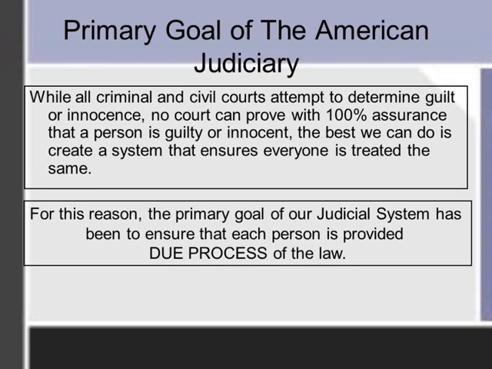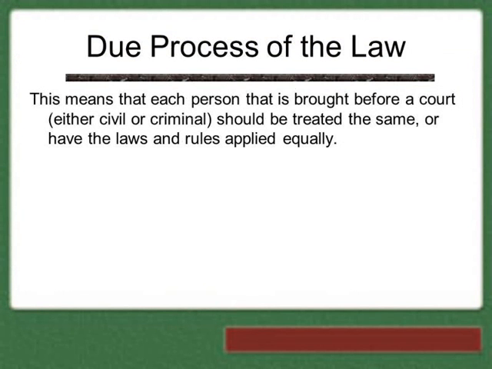Basically what we're saying here is that our court system should be set up in a way that we do the best possible to ensure that everybody is provided due process. The 17 steps in the process from when a person is accused of a crime to when they are convicted or found innocent of a crime. Due process means that every person that enters our court system will be given the opportunity to have every one of those 17 steps applied to them in a similar manner.